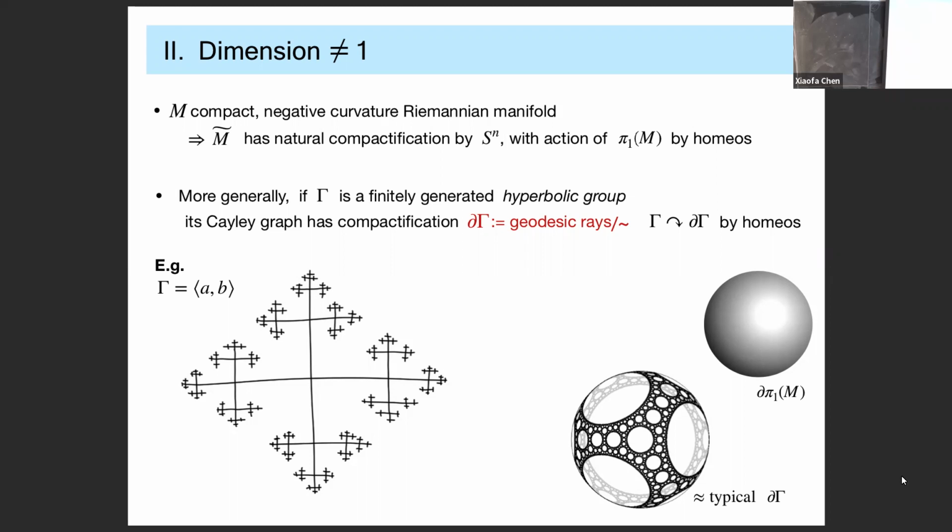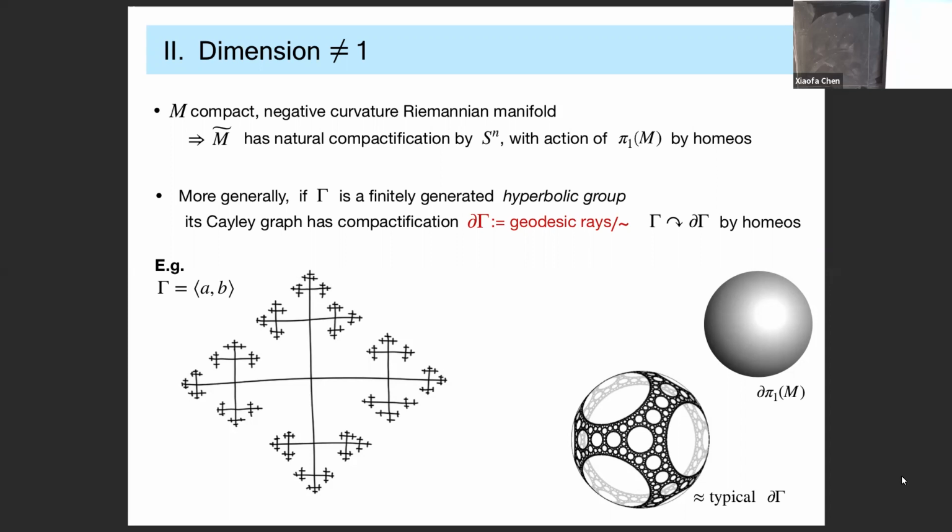That's the right way in metric spaces to think of visual directions. It's not obvious right away that the fundamental group of your manifold acts on this visual boundary by homeomorphisms. That uses negative curvature.